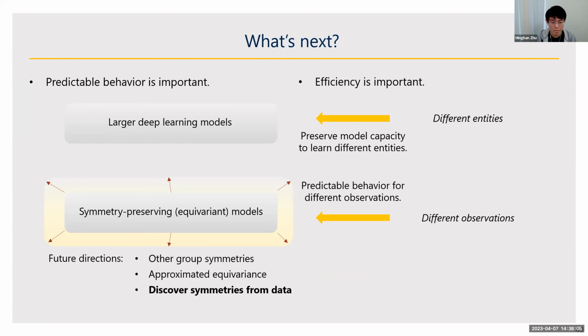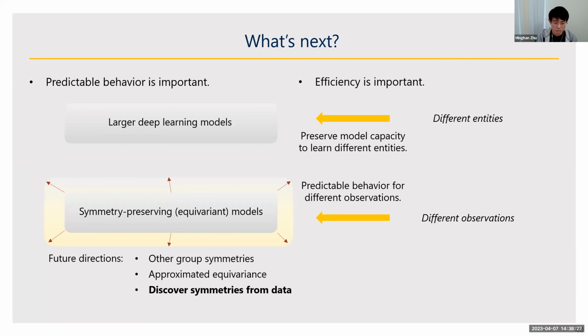And the third point, for example, is discovering the symmetries from data. Today, with our models, we mostly define the symmetries that we desire from the model, and we apply that to the design. We know that the network will be equivariant to this kind of transformation. However, this may not always be the case.